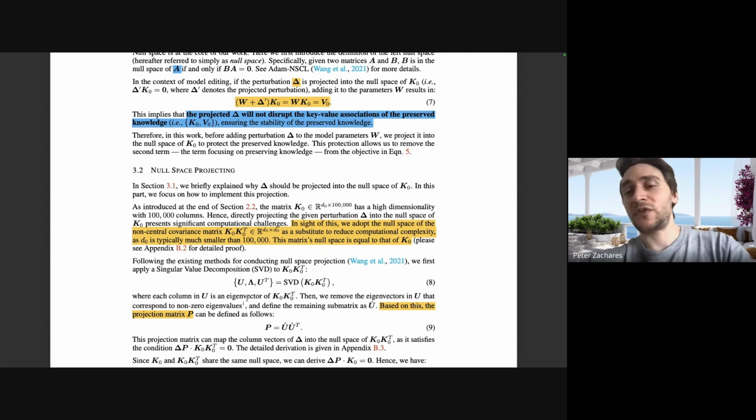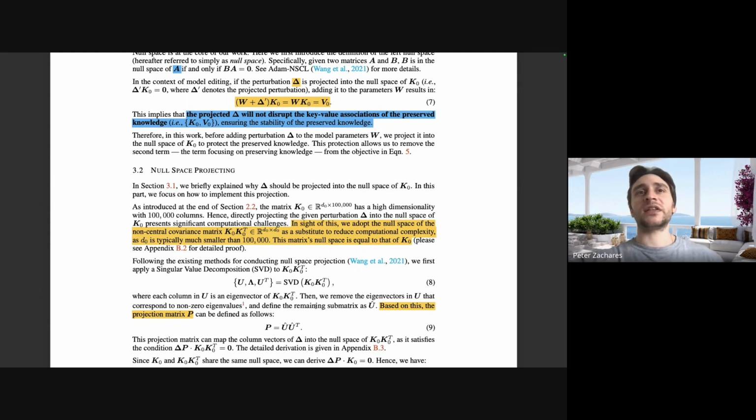If you remember what I said before, if a vector times a matrix equals a zero vector, then that's an eigenvector of the matrix, and its eigenvalue is 0. And so vectors that are in the null space of a matrix have an eigenvalue of 0.